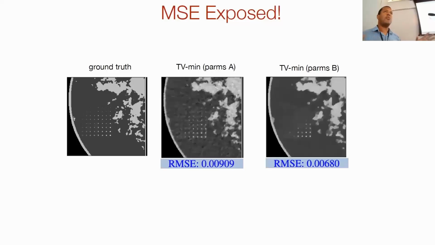All right, and I just want to also point out that this mean square error issue is not just an issue for neural network image reconstruction. We've also seen the same thing with total variation based image reconstruction. So here I have the ground truth image and then two images that were generated by total variation minimization with two sets of different parameters.